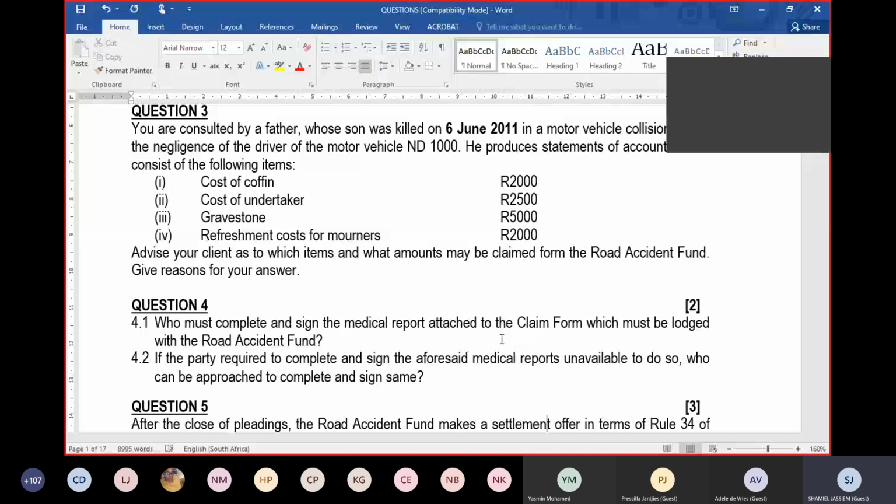Remember, I mentioned this to you this morning. Any other doctor. And what must that doctor do? You can't just say any other doctor. He must do a medical report on the plaintiff. Correct, and he must also ask the claimant about the medical history, and that would be recorded, and there you get your 2 marks.